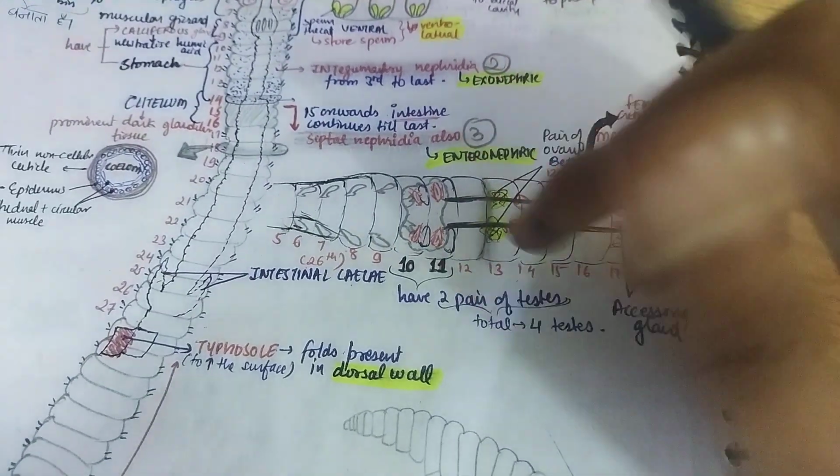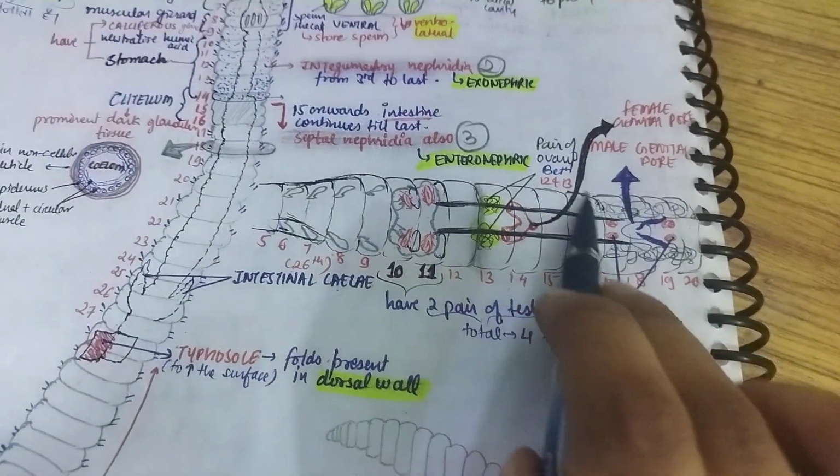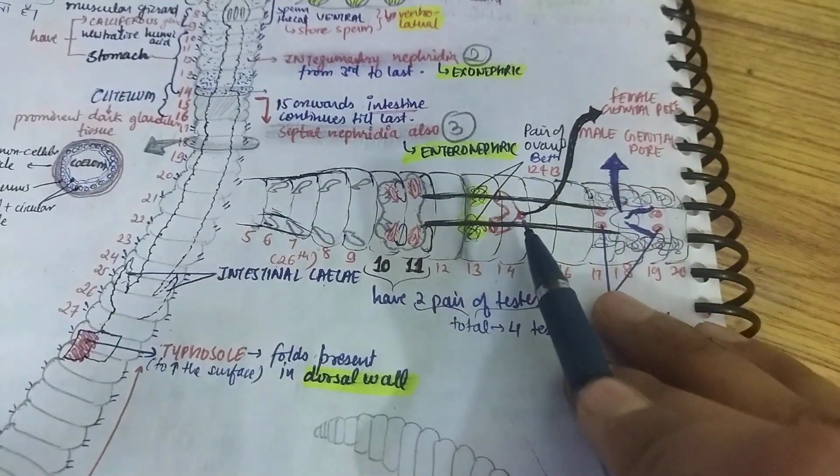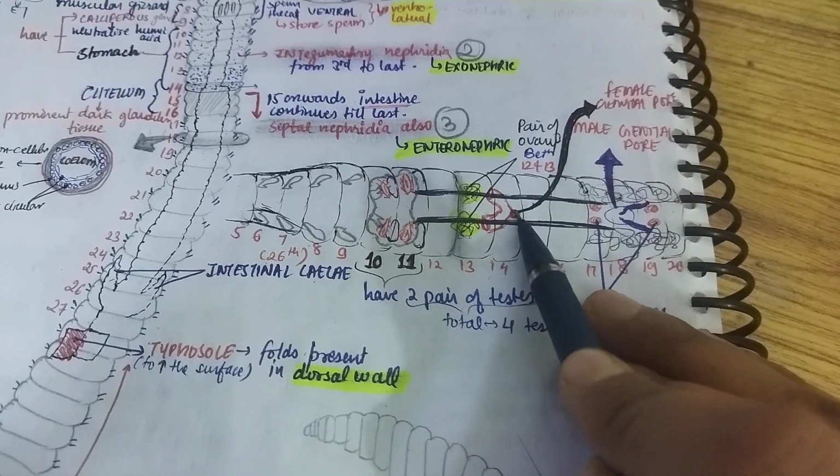And this region, remember segments 14, 15, 16, is the clitellum region. The first segment of this clitellum region has the female genital pore.